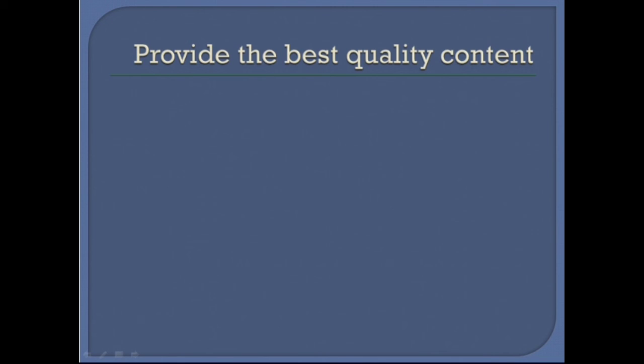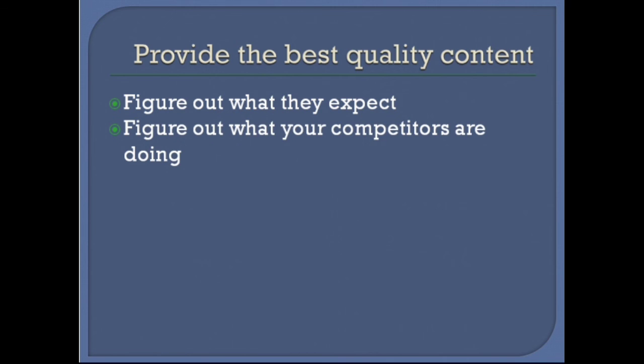Another thing you need to do is provide the best quality content. I know this is somewhat self-explanatory and you might be thinking, yeah, I know this, but you'd be surprised how many membership sites out there don't actually provide the best quality content. So you need to figure out what they expect and what your competitors are doing right now. What are they providing? Compare their product versus your product.